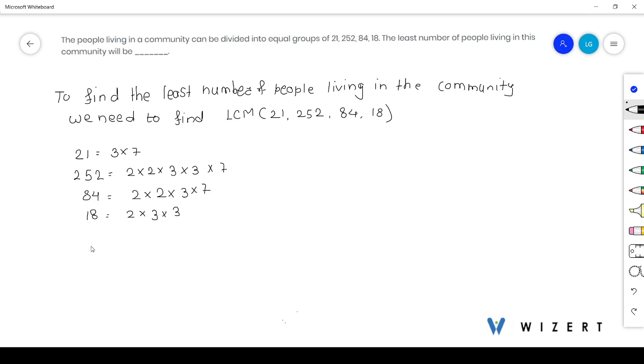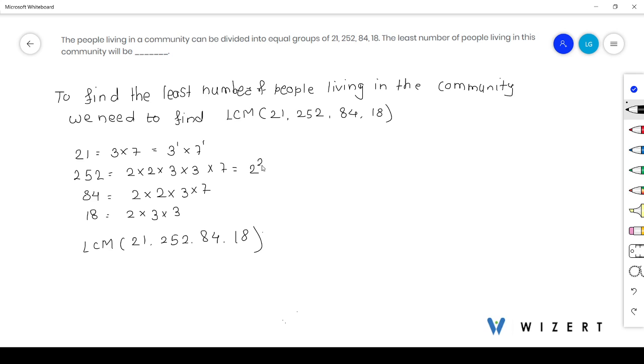Now, to find the least common multiple of 21, 252, 84 and 18, multiply together each of the prime numbers with the highest power. Here it is 3 to the power 1 into 7 to the power 1.